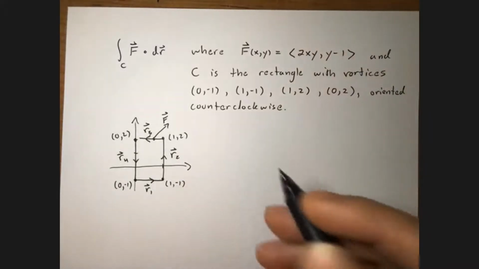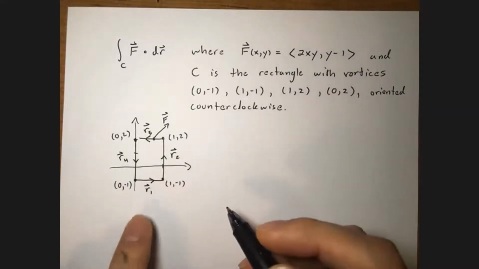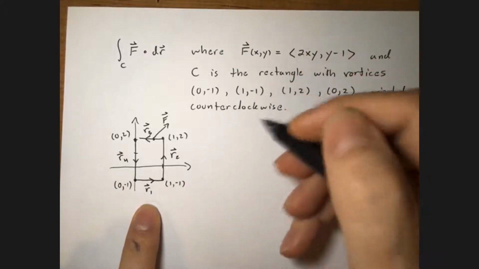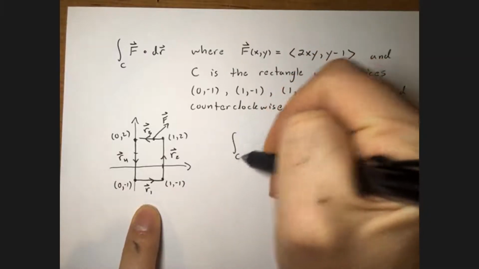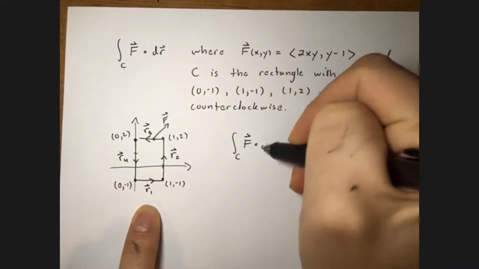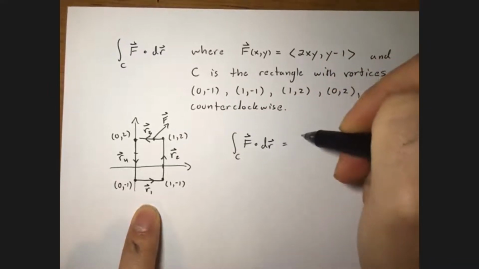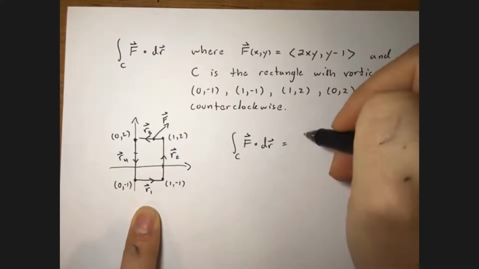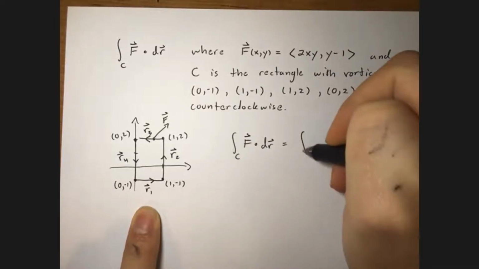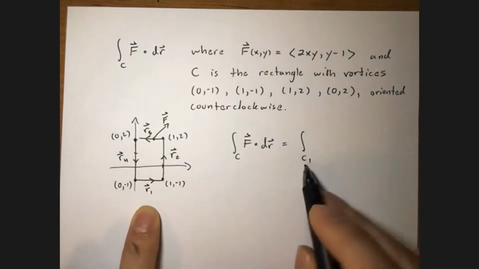Let's start with R1. Actually, let me point out what we're going to do, just to give you a big picture idea. We're going to take this integral and break it up into pieces. We're going to first integrate along the first curve, R1, let's say that parameterizes C1.